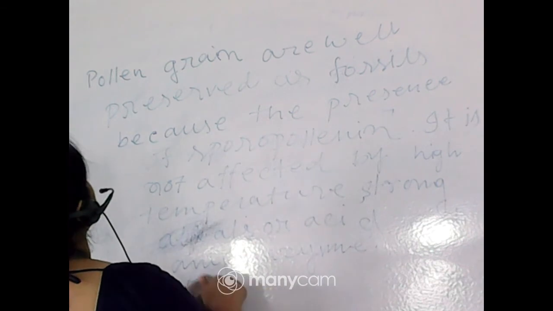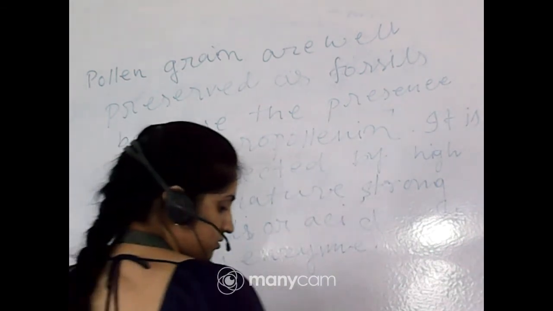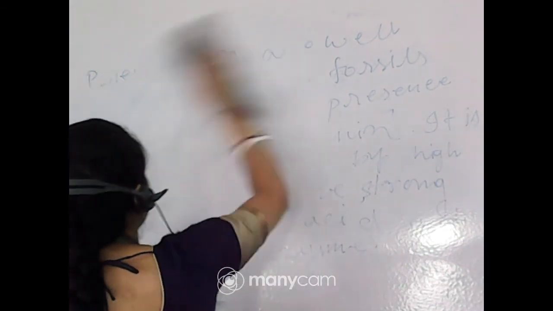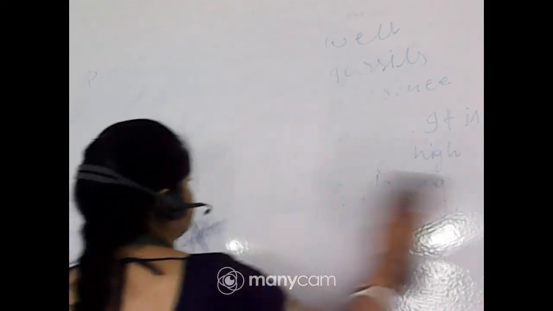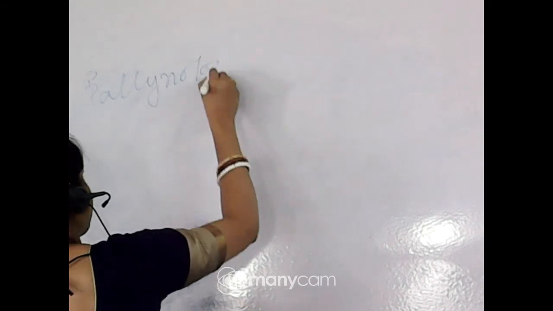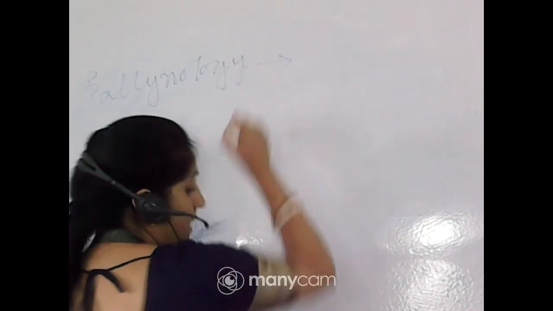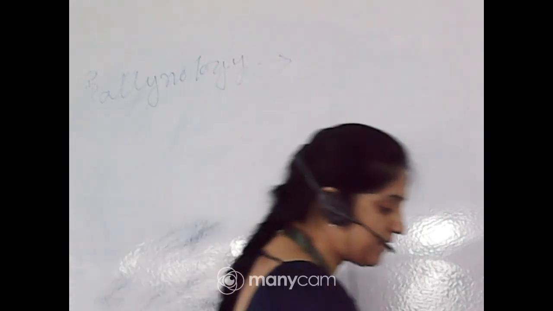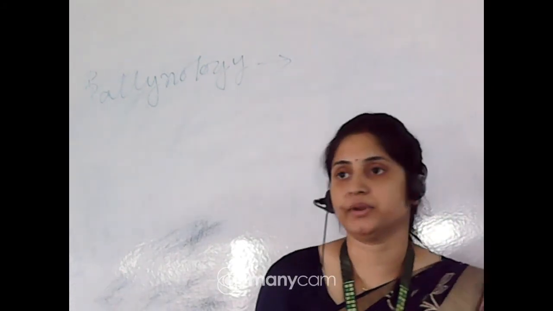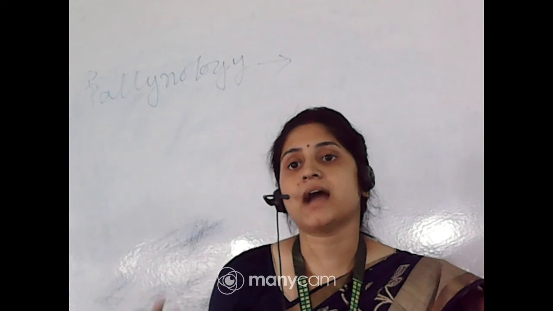Now you just remind one term, that is palynology. What is palynology? Palynology is the study of external morphology of mature pollen grain. Morphology means the outer structure.